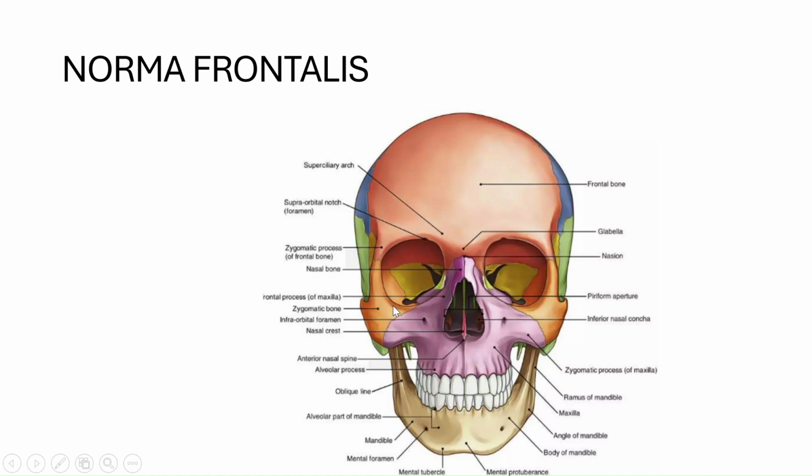The medial orbital margin is ill defined compared to all this. Here it is formed by the frontal bone above and lacrimal crest below. So the lacrimal crest and frontal bone are forming this medial orbital margin. Now you can see the supraorbital foramen you have seen here, and here you can see the infraorbital foramen.